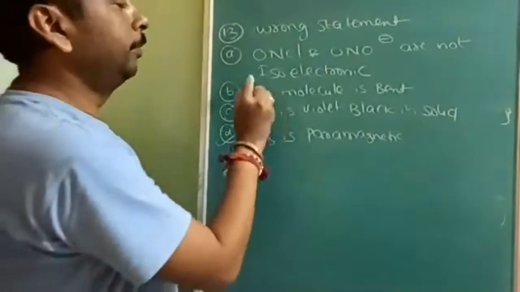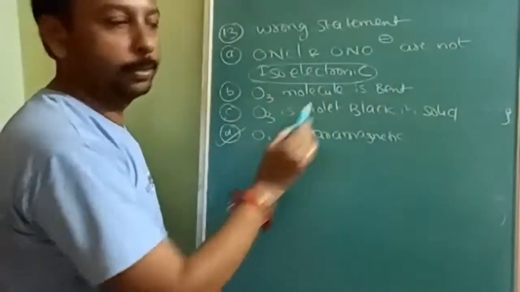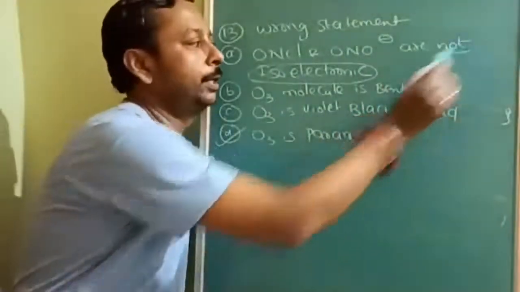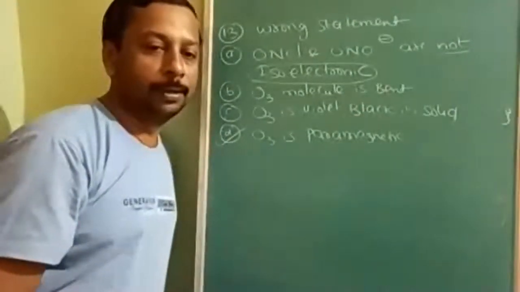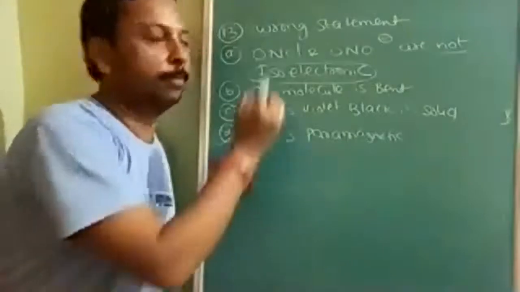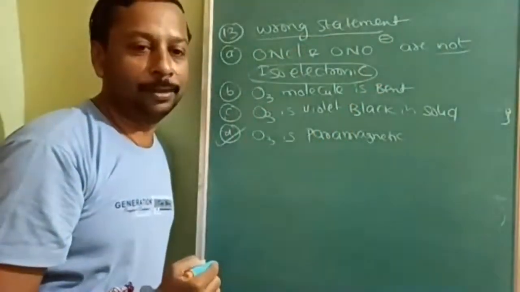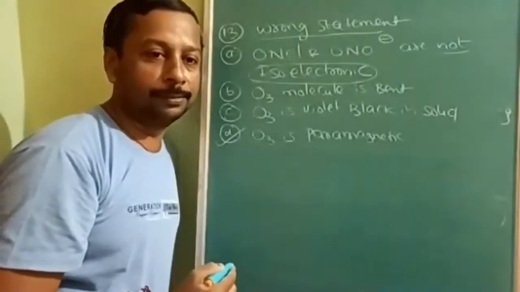See, word magic. It is not isoelectronic because chlorine is replaced with oxygen, but he is also saying it is not isoelectronic. So why will this statement be wrong? He is also saying not isoelectronic, but we have to point out the wrong statement. So that is what the examiner wanted, to check your presence of mind.